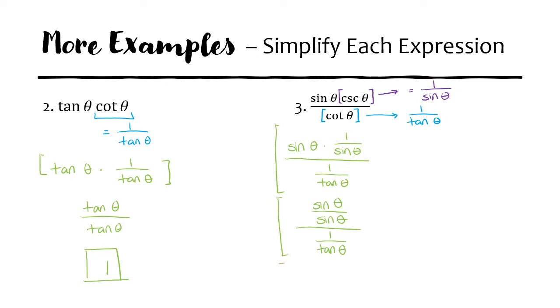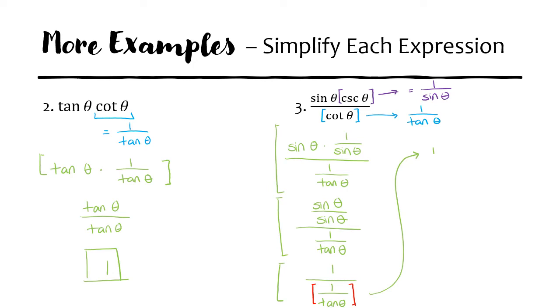Okay, my next step, let's simplify that numerator. Sine over sine, again, that's just 1. So really we have 1 over tangent. Okay, so if we take this the next step, how do we simplify complex fractions? Well, usually what we do is we take that denominator, rather than dividing the numerator by that, we will multiply the numerator by the reciprocal of that denominator.